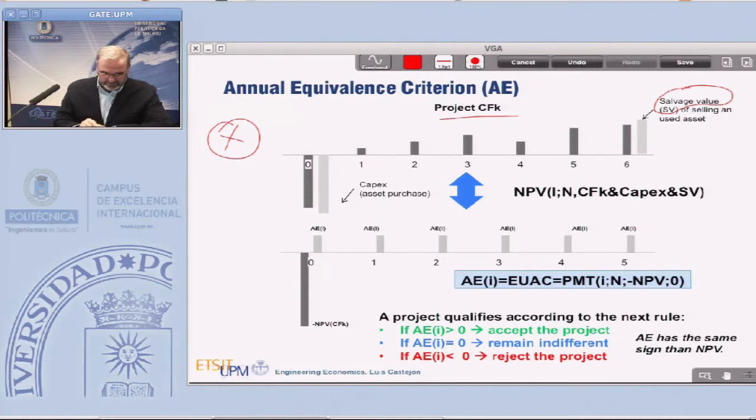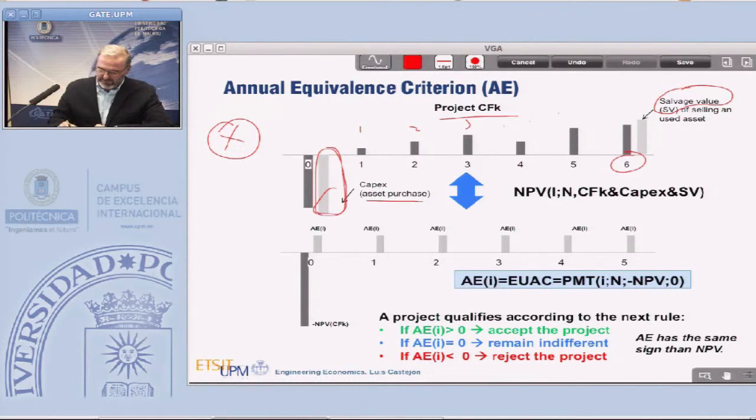We have here the CapEx. So we bought a new machine this year, a new asset purchase, at time zero. Then in the following periods, we are having project cash flows of year 1, year 2, year 3, and so on. And this is the end of the project. The project life is 6 years in this example.